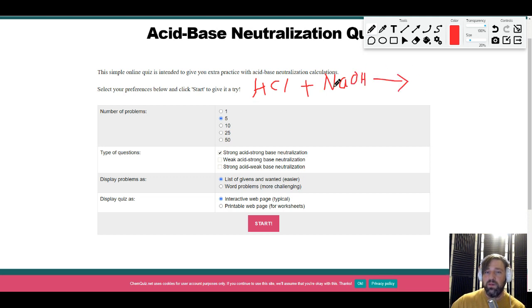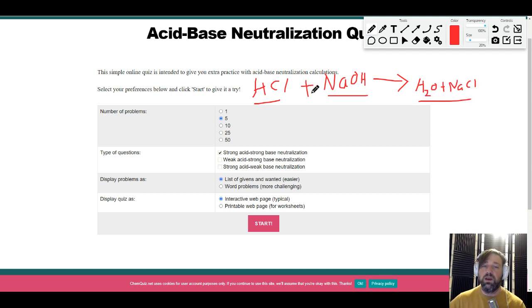This is going to come together, do a double replacement reaction to make H2O and salt. So we know that this is going to be an acid, this is going to be a base, and when it comes together, it makes something that is really neither. So it's neutralizing each other.